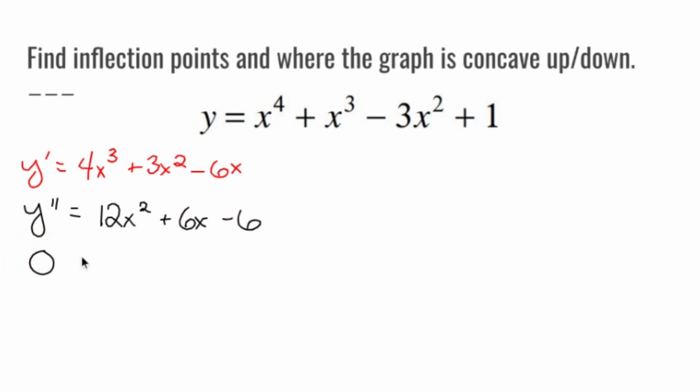Now set that equal to 0 and factor. I'm going to factor out a 6, which gives me 2x squared plus x minus 1. I should be able to factor that.